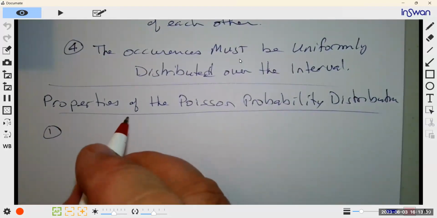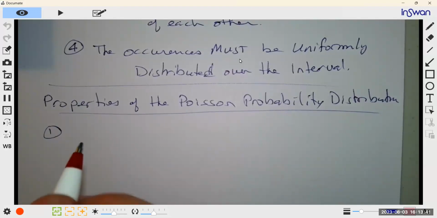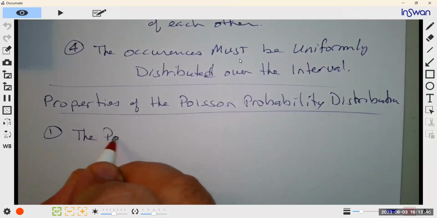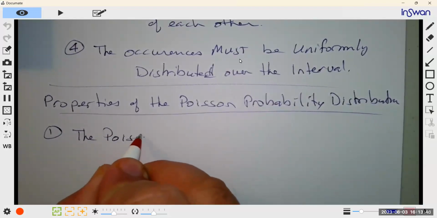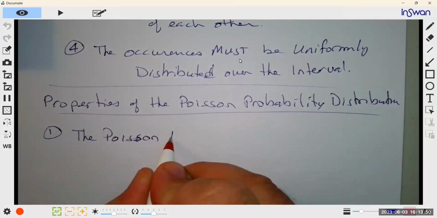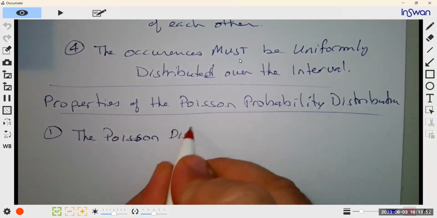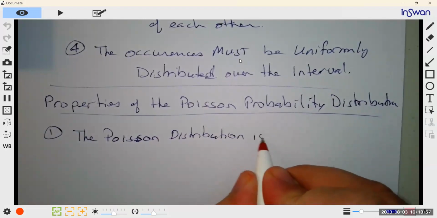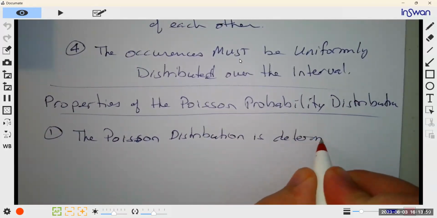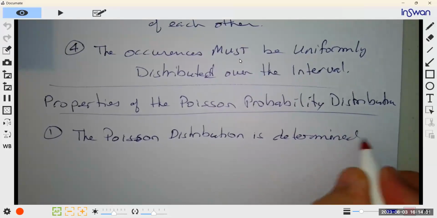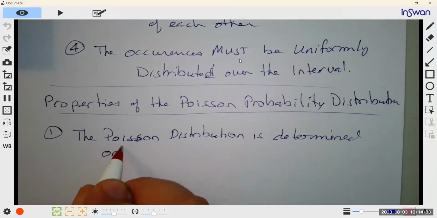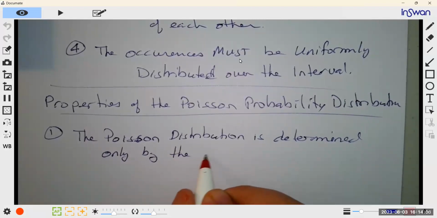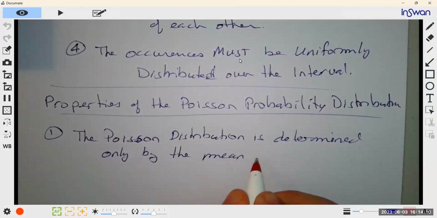One, the Poisson distribution is determined only by the population mean, mu.